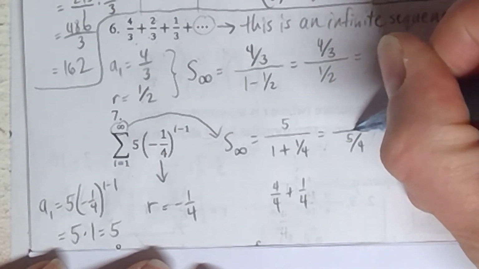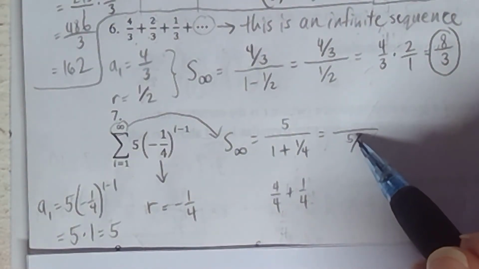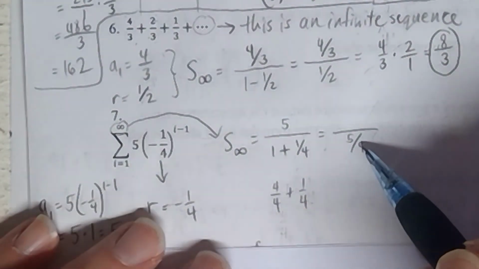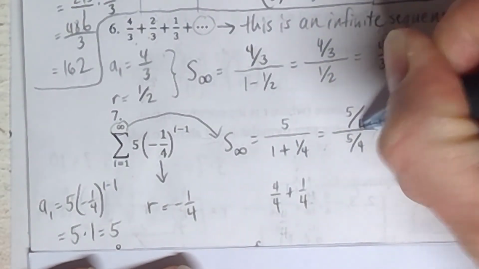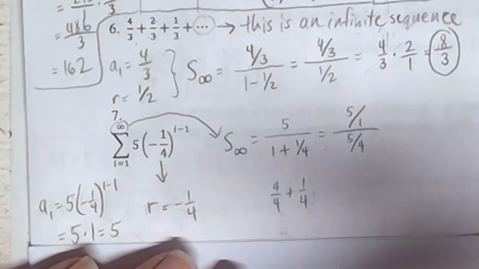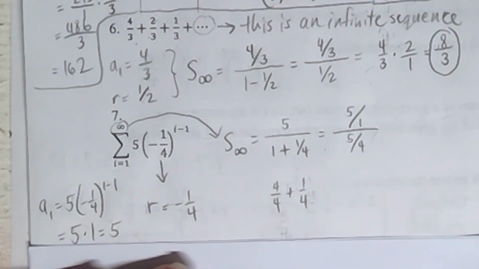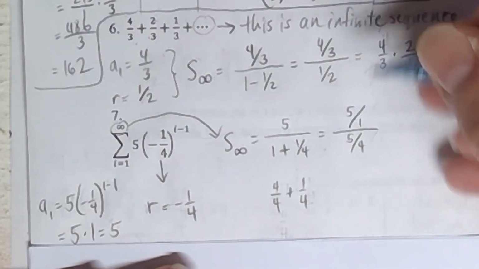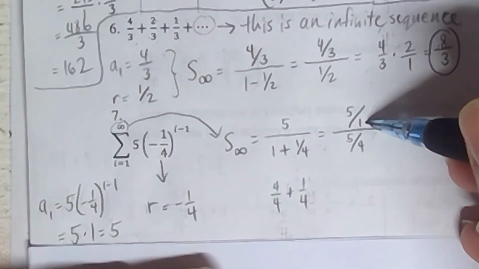Now, anytime you're dividing or multiplying, same thing as with adding and subtracting, if one of the two numbers is a fraction, you want to make the other one into a fraction also, so that you can then execute that operation on the fractions. In this case, the operation is division.